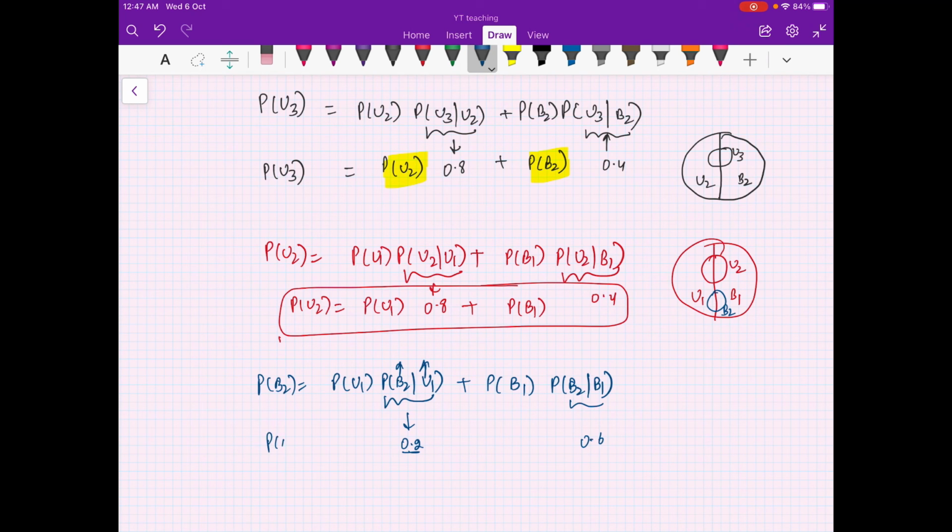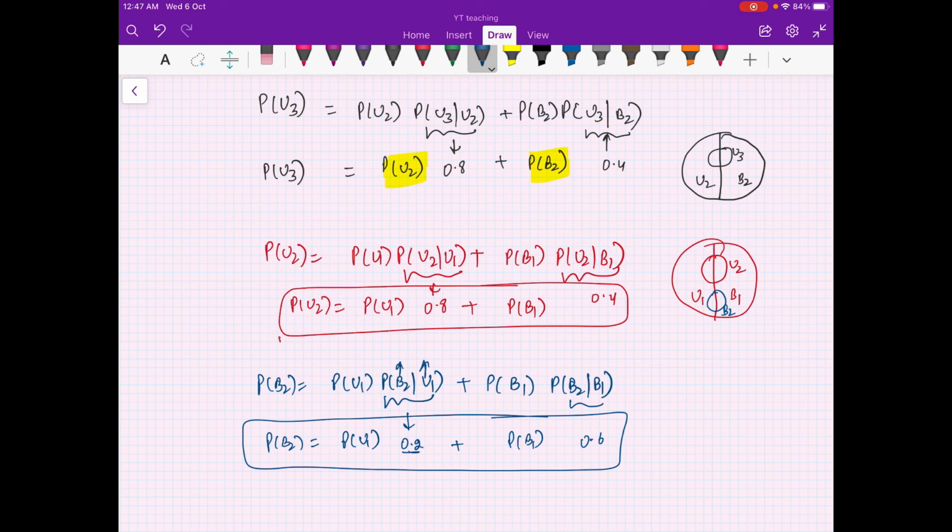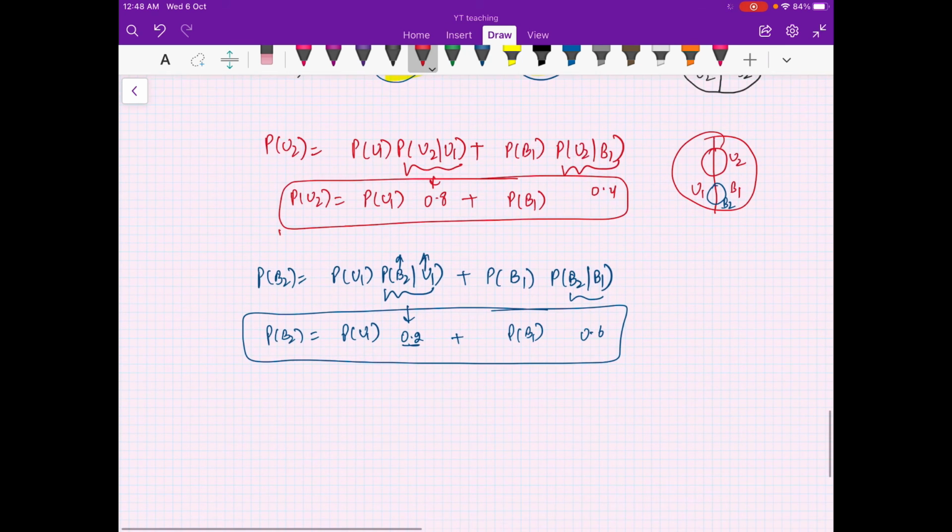So you get probability of B2 as probability of U1 into 0.2 plus probability of B1 into 0.6. Right. So we can plug this probability of U2 and B2 here. And now what is this probability of U1? Probability of U1 is already 0.8 because that is given to us, and probability of B1 is 0.2.